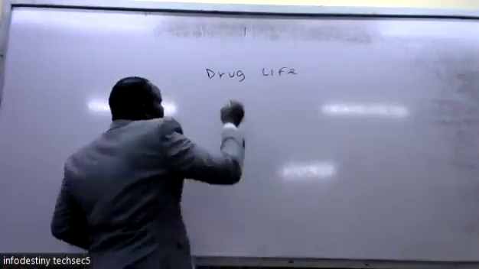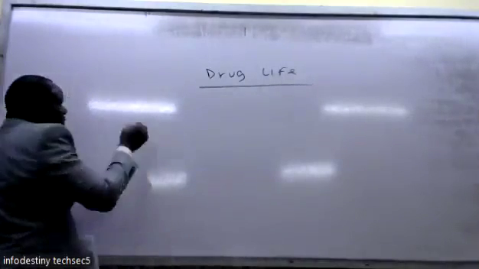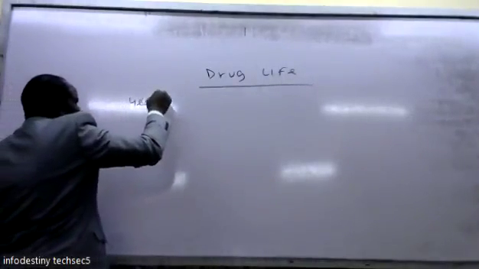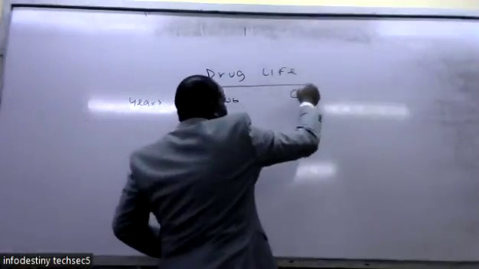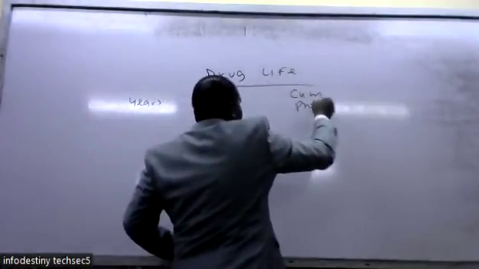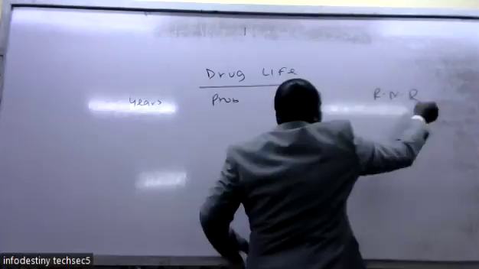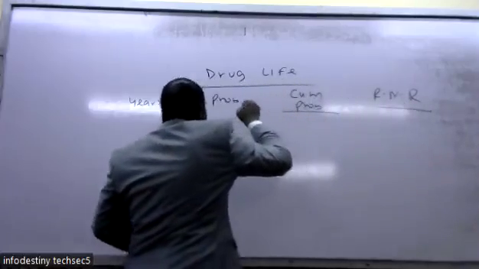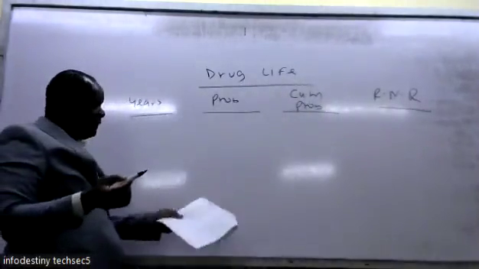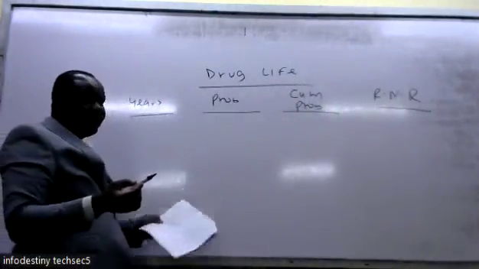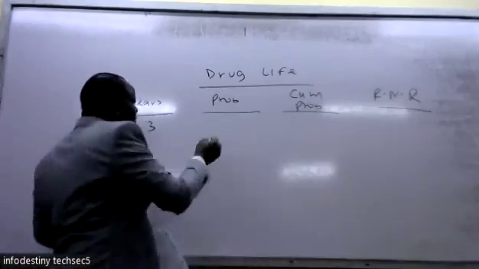When it comes to the drug life, it is in terms of the years. So there will be the years, then probability, cumulative probability, and random number range. You see the first one, they gave us 3 years, the probability is 0.05.